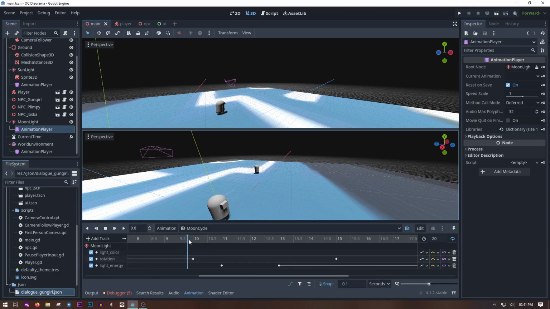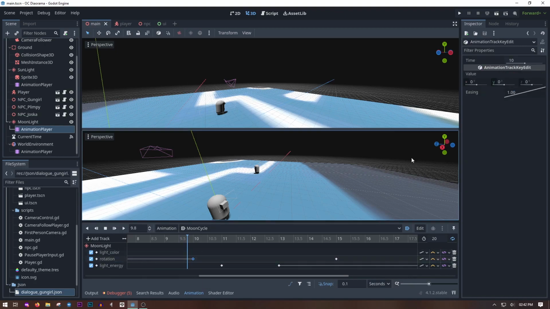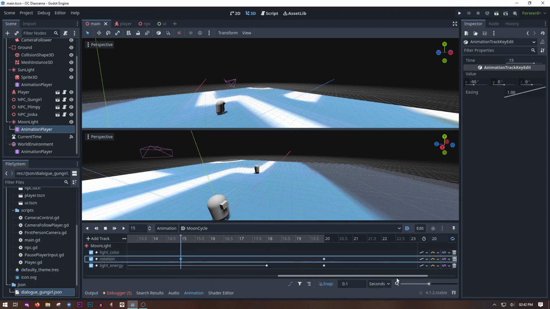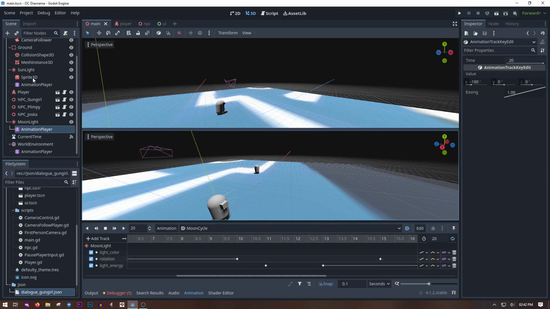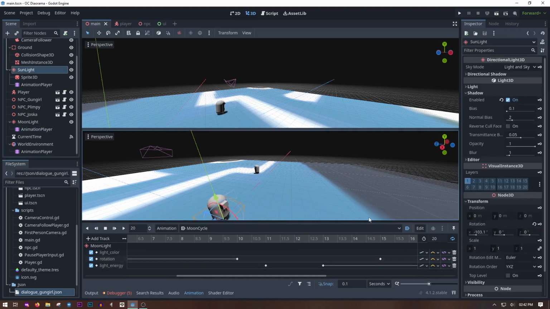So we click on that. So the rotation is 0, and then it goes to -90, and then -180, it's gone all the way around. The moonlight is a bit different from the sunlight, which just has a 360 rotation.